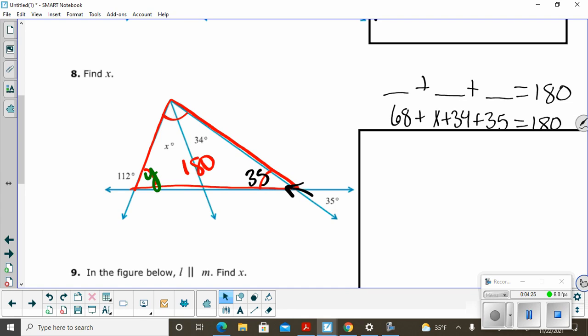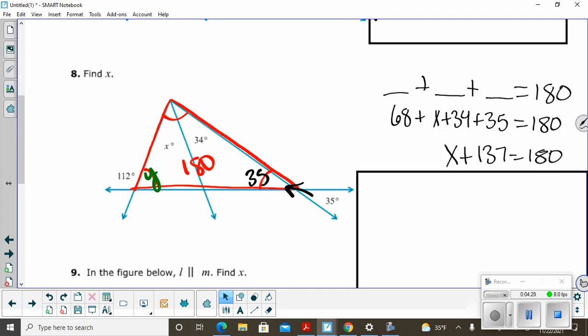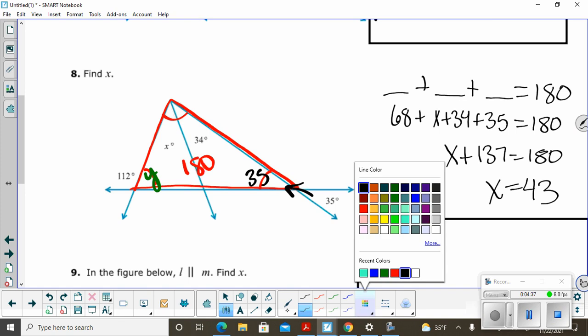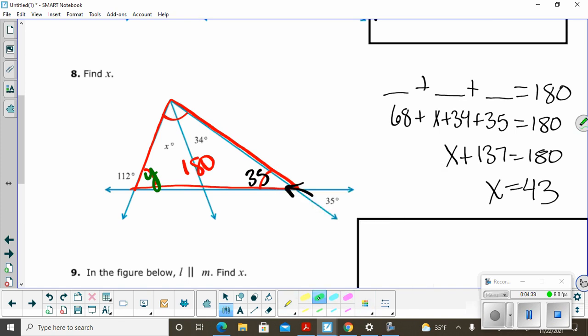Before I do that, we need to find out what this y is, and we also know that this is 35. When I solve for my y, I am going to get 68. And when I add those all up, I'm going to find out that my x is 43.